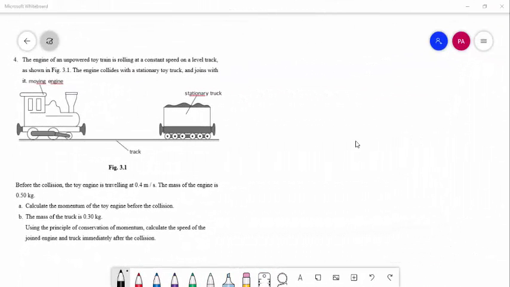For the last number, actually this is the same as number 3. You can just read the question and we will have the data: there is a toy engine, a moving engine, and a stationary truck. The mass of the engine is 0.5 kilograms and the velocity of the engine is 0.4 meters per second.